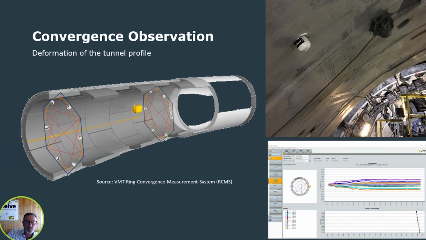So if the construction is a precast segmental lining, there is a system here which has now been established and is used as an integral part of the VMT construction process around the world.